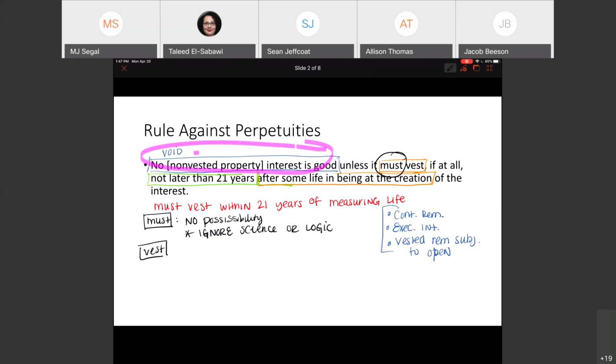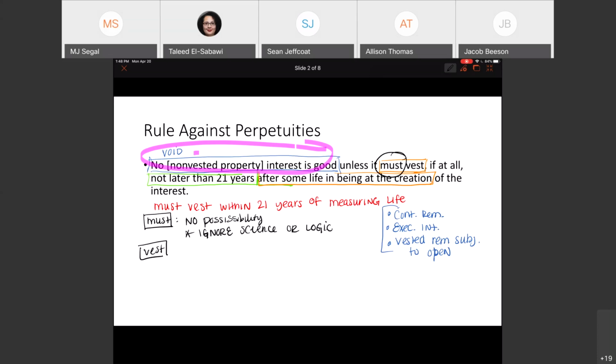So what do all those definitions have in common? Well, when an interest vests, there is a guaranteed right, and no conditions need to occur before the transferee has that right.